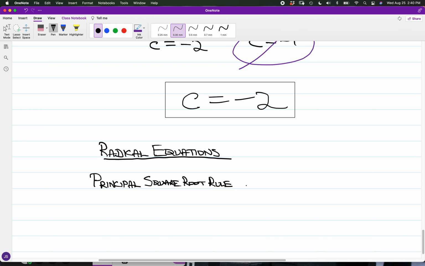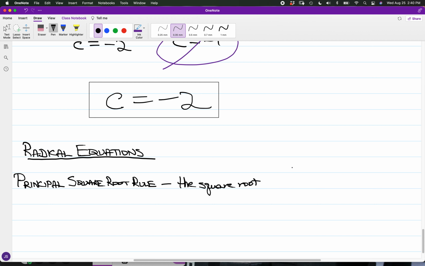What this is going to state is that the square root, and not just with the square root, but also any even root.